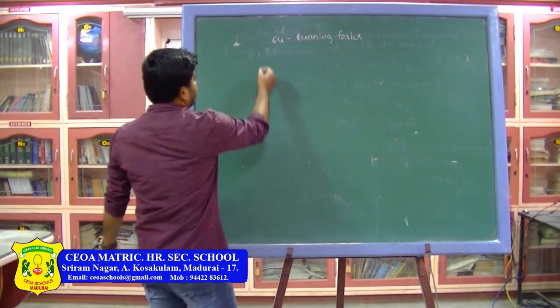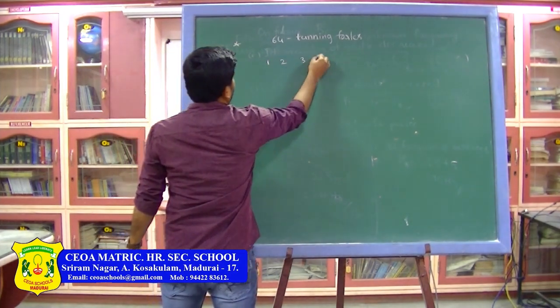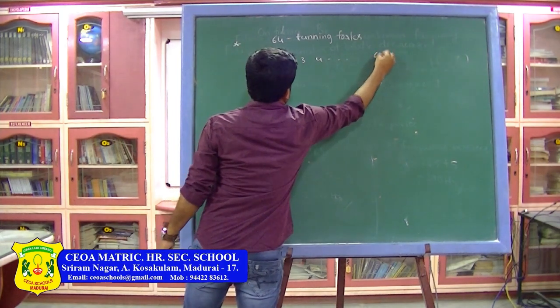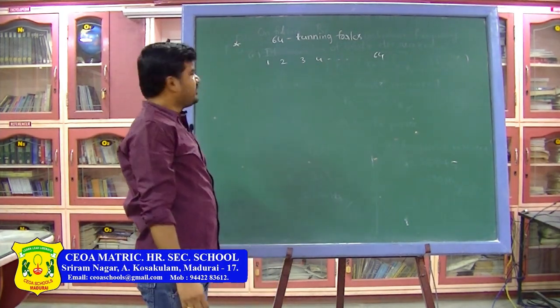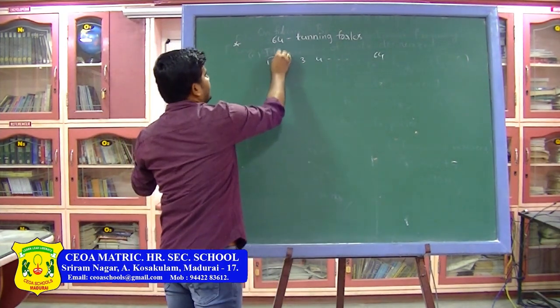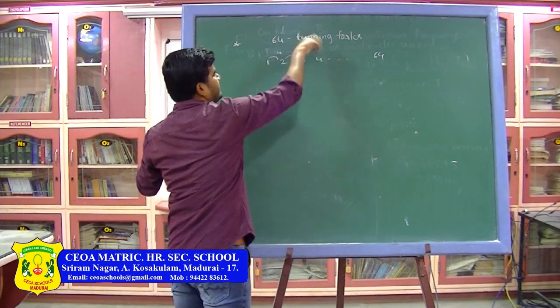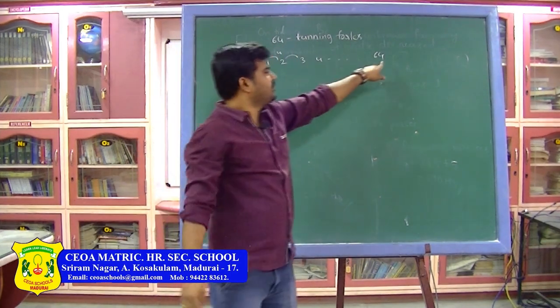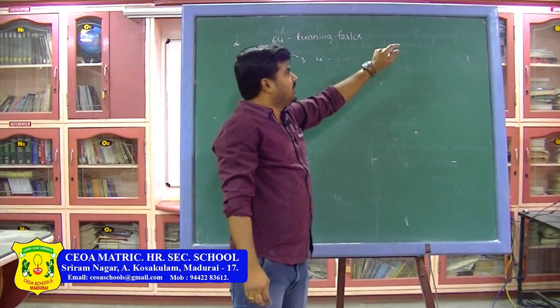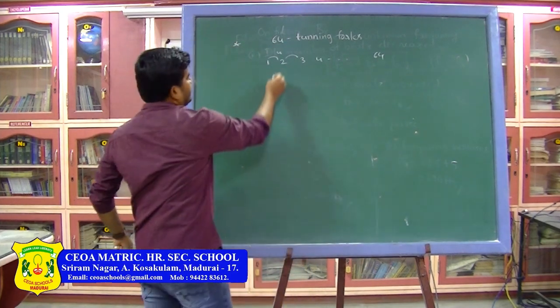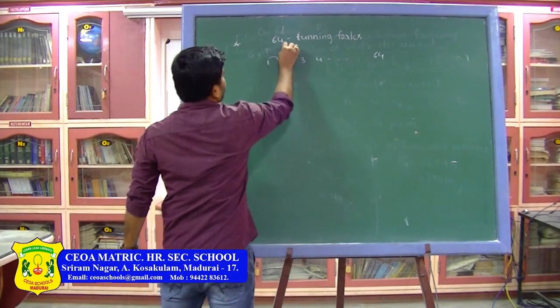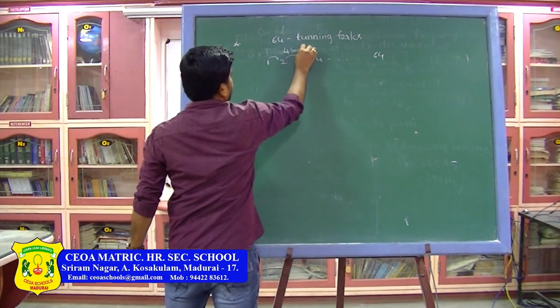That means 1, 2, 3, 4 and so on up to 64 tuning forks are there. Each tuning fork produces 4 beats with the next tuning fork, and so on, up to 64 tuning forks.